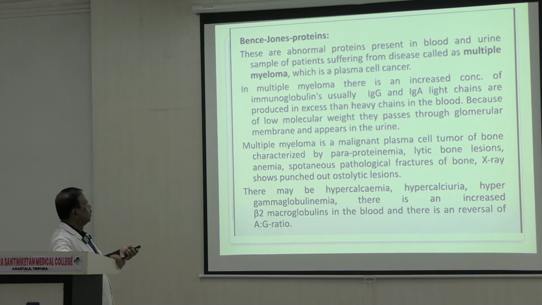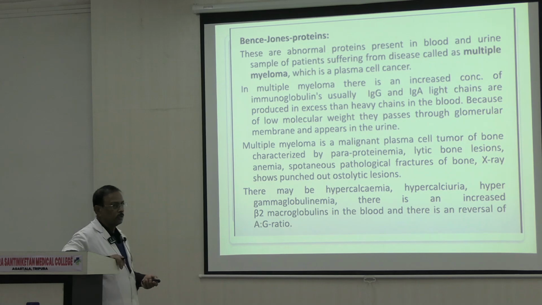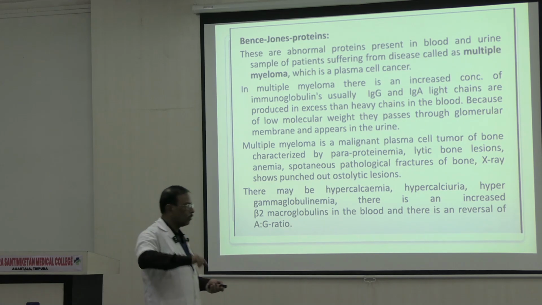There is increased concentration of immunoglobulin, usually IgG and IgA. Light chains are produced in excess of heavy chains.